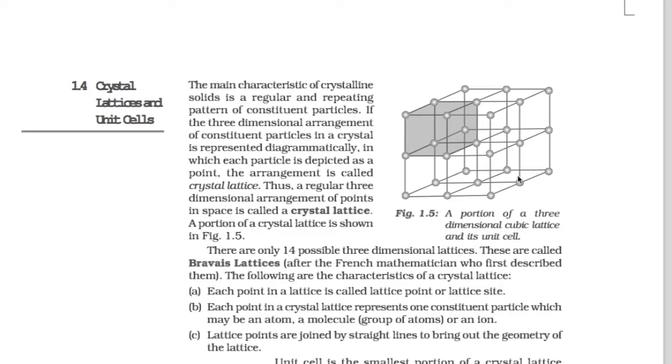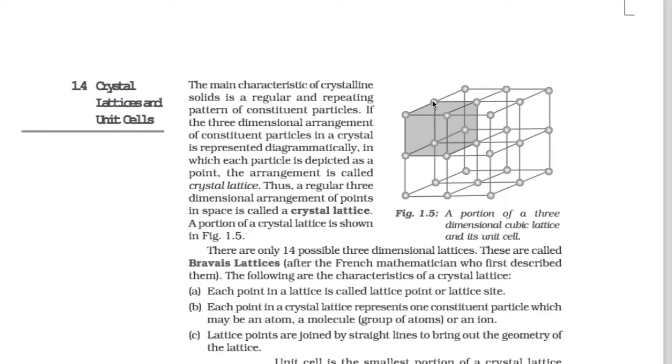To understand crystal lattice, we will assume that particles will be represented by a dot or a point, and bonds between different particles will be represented by a solid line.